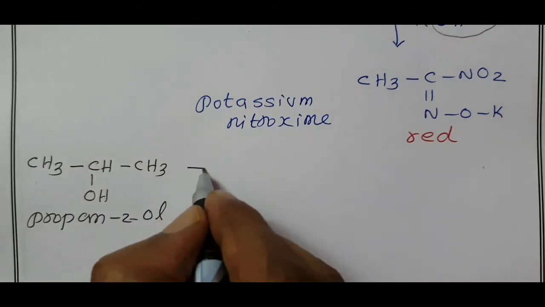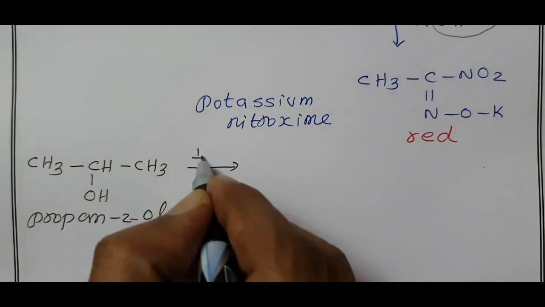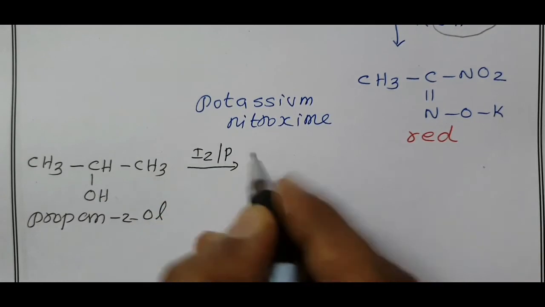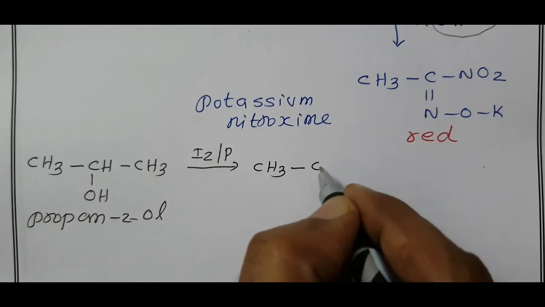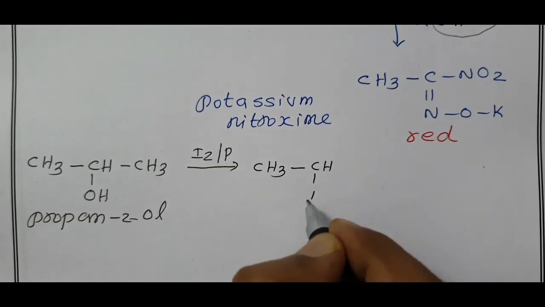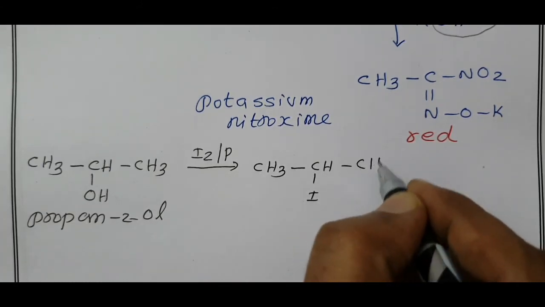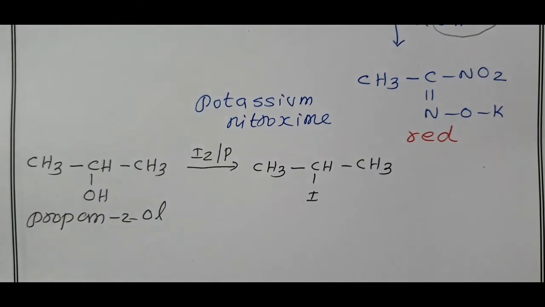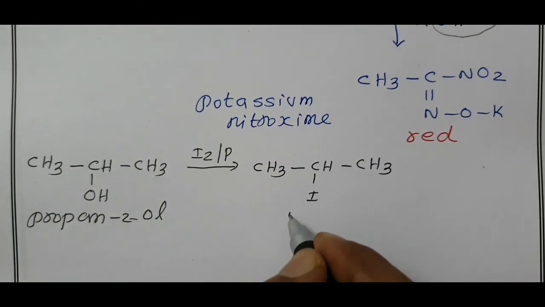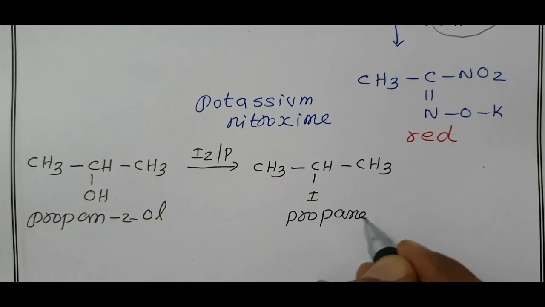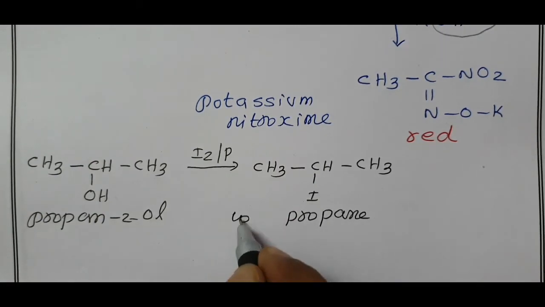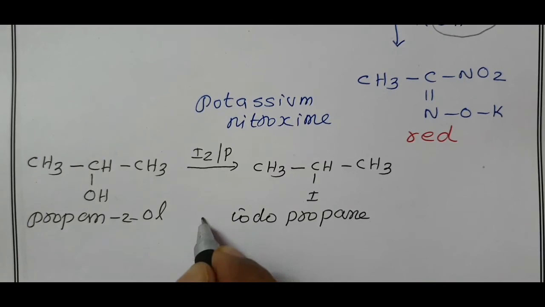First, when treated with I2 and phosphorus, the OH minus is replaced by I minus, a nucleophilic substitution reaction, giving an iodo compound. What is that iodo compound? Three carbons, propane, functional group iodo, position of iodo is 2.